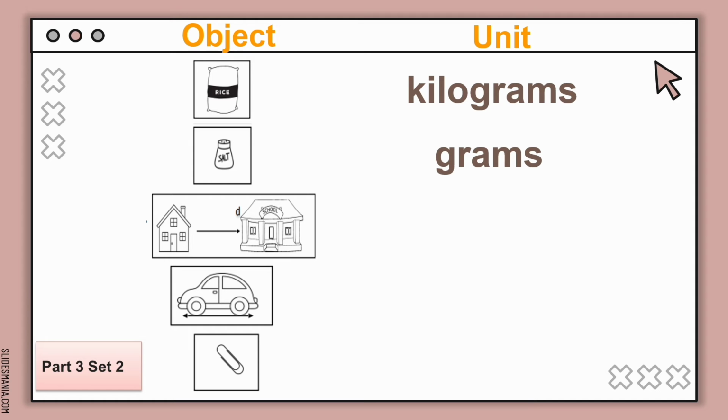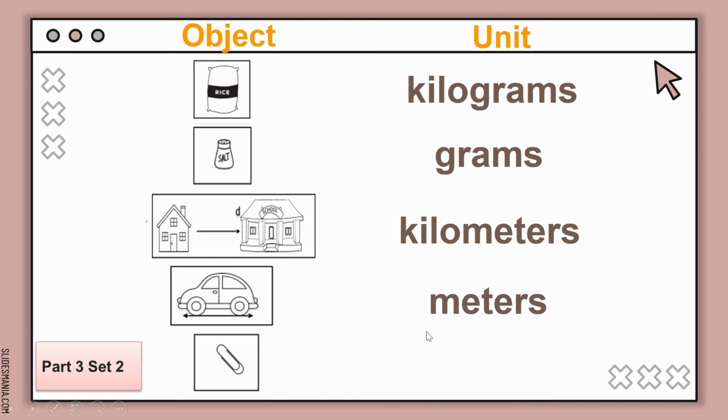For the distance, let's say from your house to school, we are using kilometers. For the length of, let's say, the car, we are using meters. And for this pin, we are just using centimeters, the smaller unit for length.